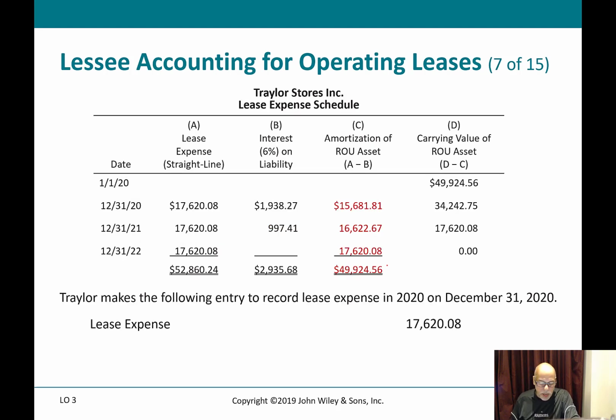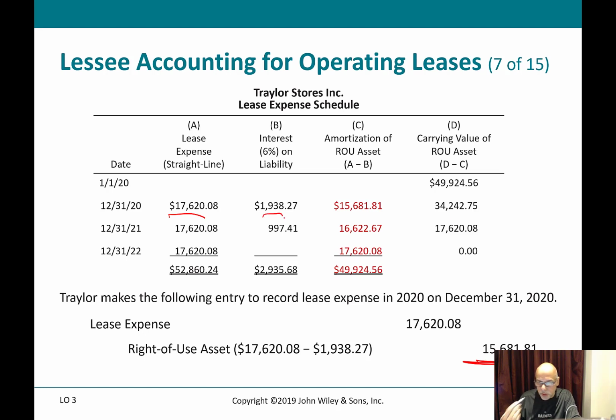You can see that we debit our lease expense for the full amount of the payment, and then we credit the right of use asset for the difference between the payment and the amount that's essentially interest, although we don't call it out as interest on our financial reports. That difference is going to be the amortization of the right of use asset. So it's not like the straight line depreciation we saw earlier.